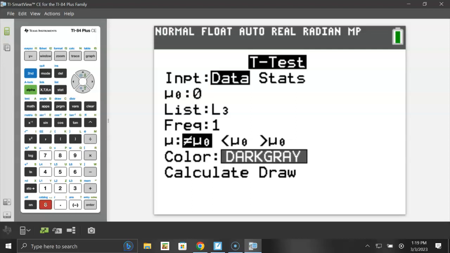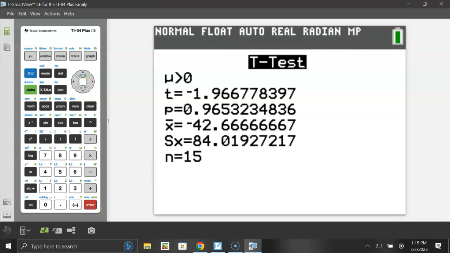Greater than the mu naught? But if it's less, that's proving that the regular lane is faster than the express lane. Yep. Yikes. Now what do we get? That X bar out of negative 40.